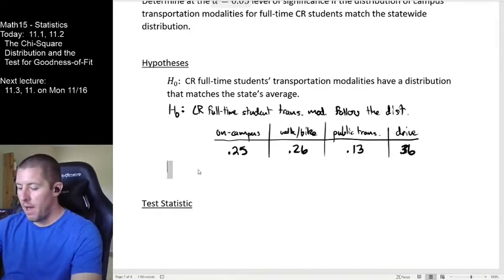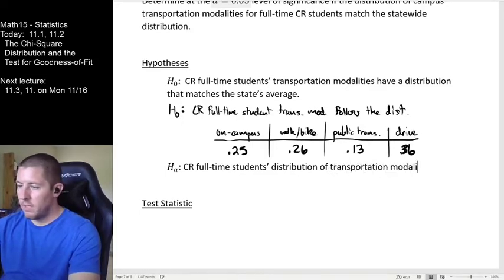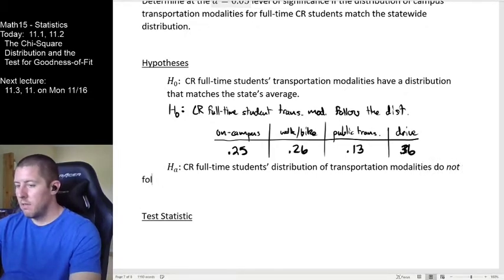Our alternative hypothesis then would be to say just CR full-time students' distribution of transportation modalities do not follow the statewide distribution.